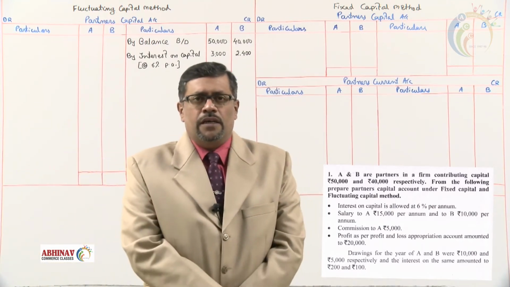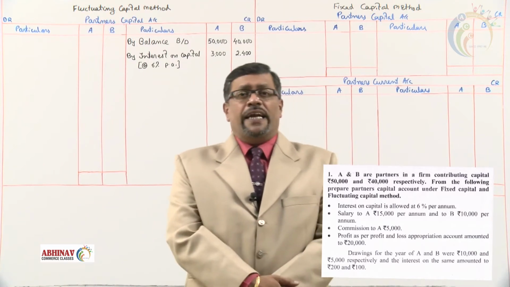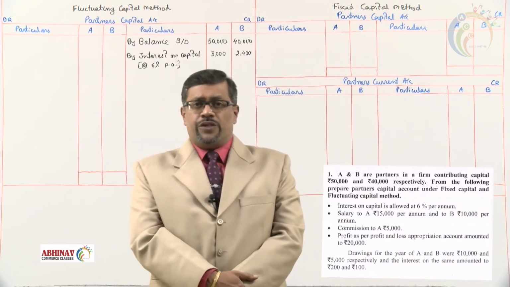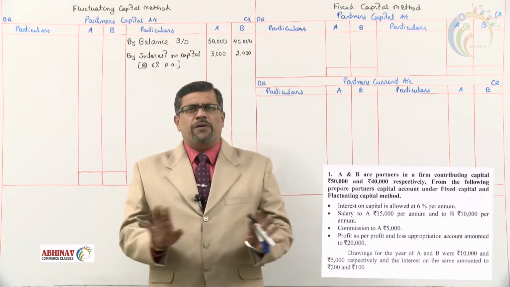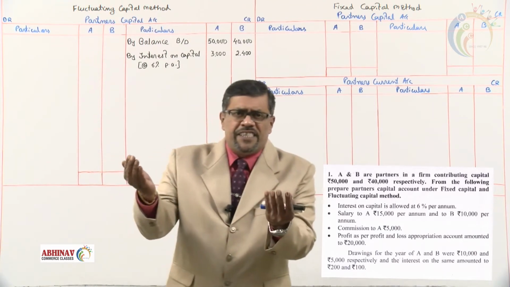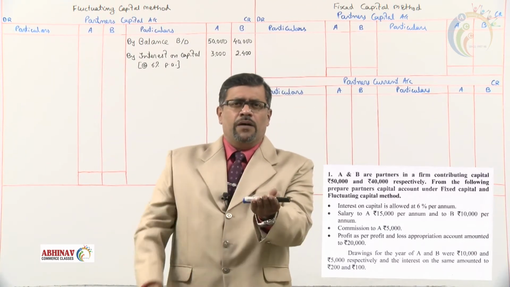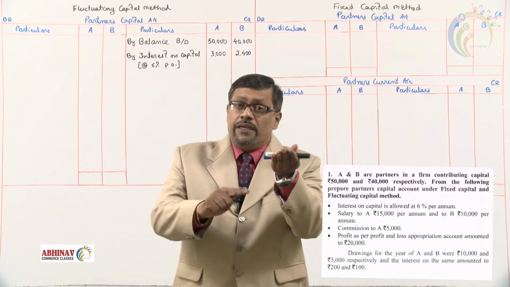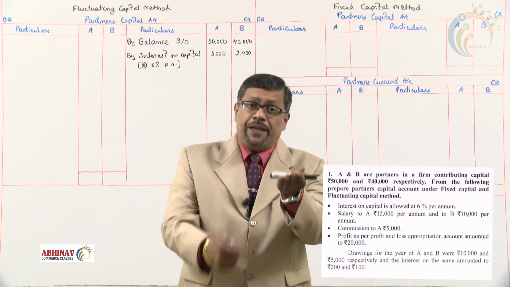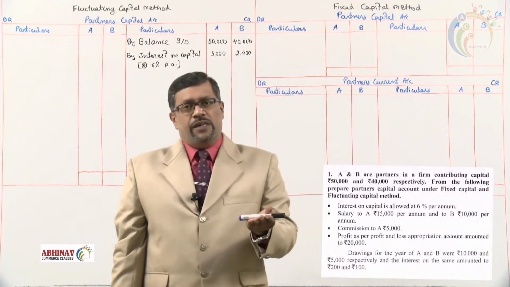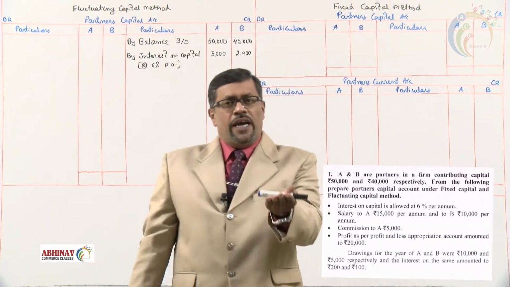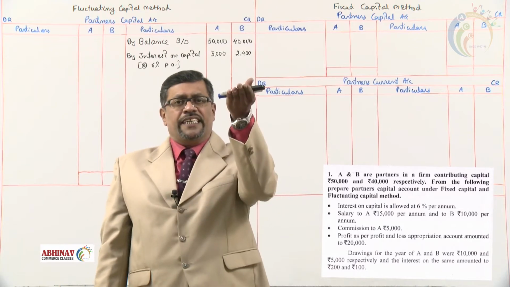Next transaction. Partners are also getting some salary. What salary are they getting? A 15,000, B 10,000. That is per annum. When partners receive anything from the firm, their capital balance will increase. What partners pay to the firm out of their capital, that time their capital balance will decrease. So here, partners are receiving salary. So again, capital balance will increase.